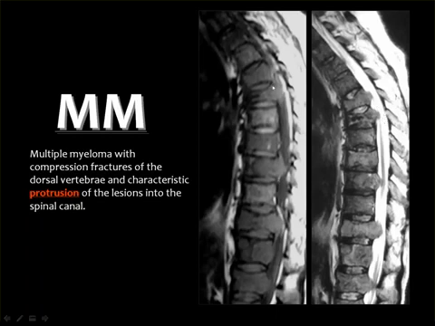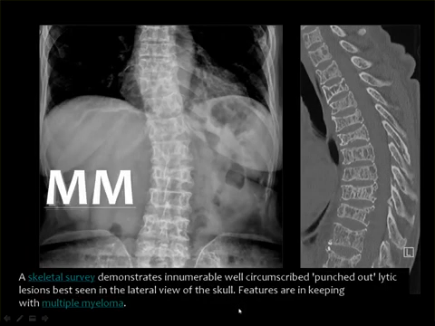In metastasis, if you look at this vertebra with straight posterior margin, this is a common finding for metastasis. But this appearance is not pathognomonic, but it is suggestive of myeloma. And this is the appearance of myeloma by plain film.